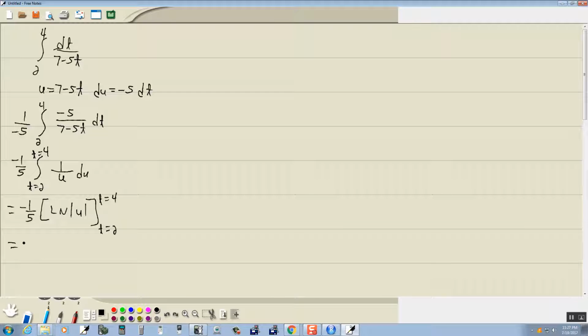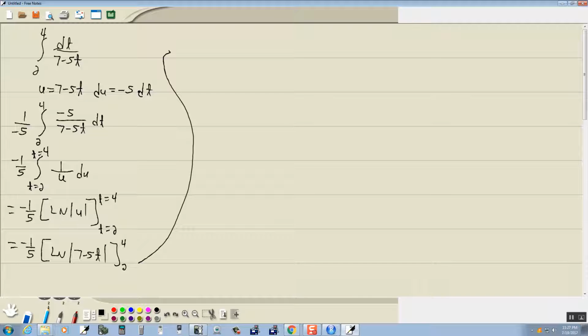Now we're going to plug our u back in. So we've got negative 1/5 natural log of the absolute value of u, which is 7 minus 5t. I'll put the limits back to 2 and 4 now, since everything's in terms of t's.